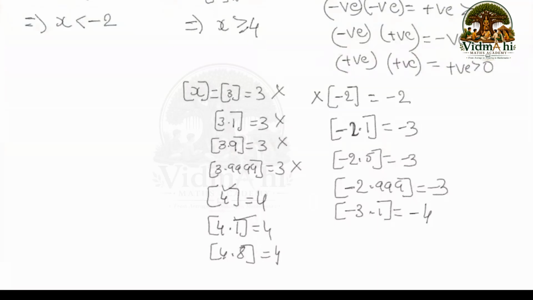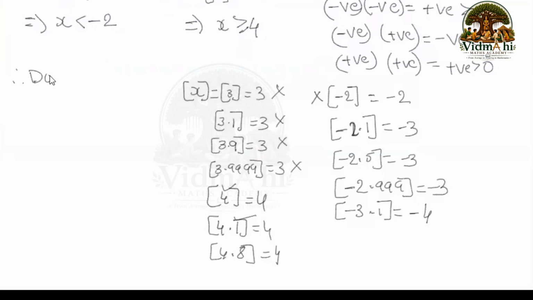If you give x value as greater than or equal to 4, then only is the greatest integer value greater than 3. So therefore, now we have to combine these two values.